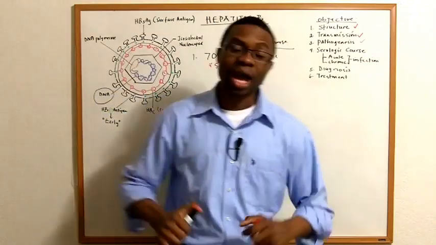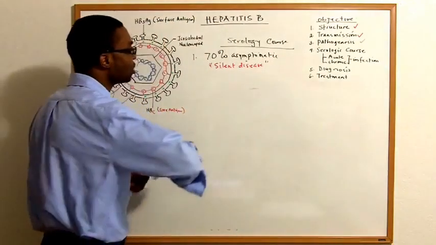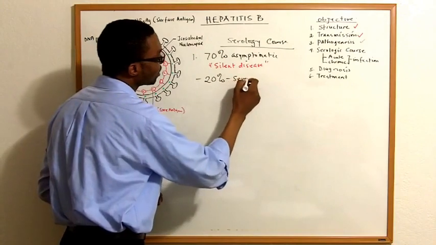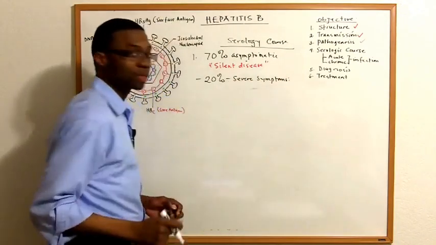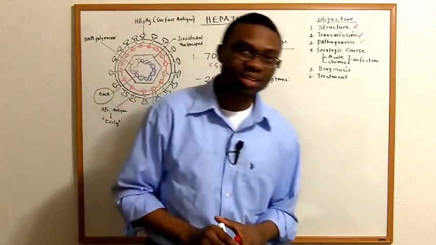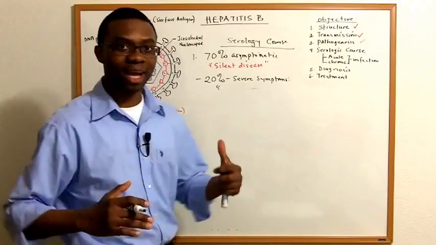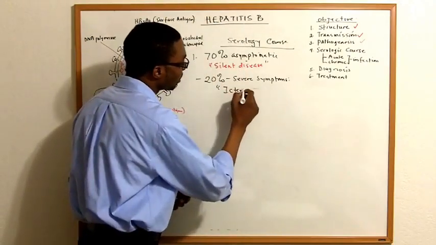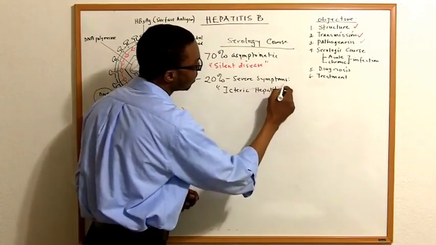Now, about 20% of patients infected with hepatitis B can develop severe symptoms. What kind of symptoms are we talking about? We call this kind of symptom an icteric hepatitis.